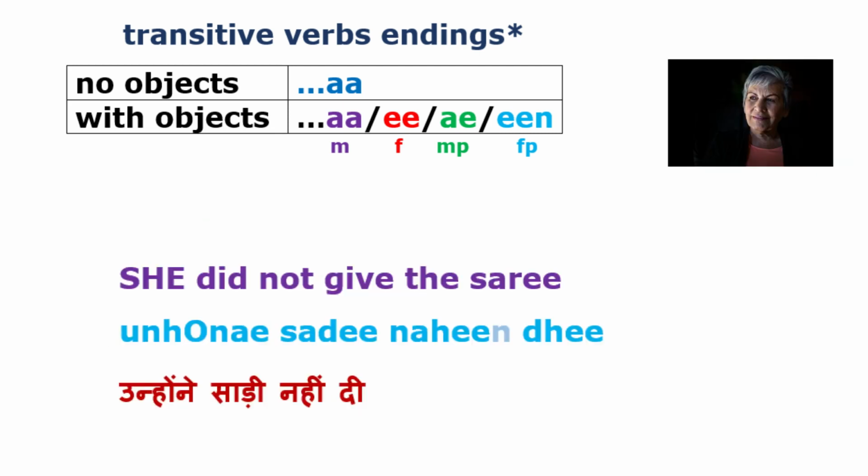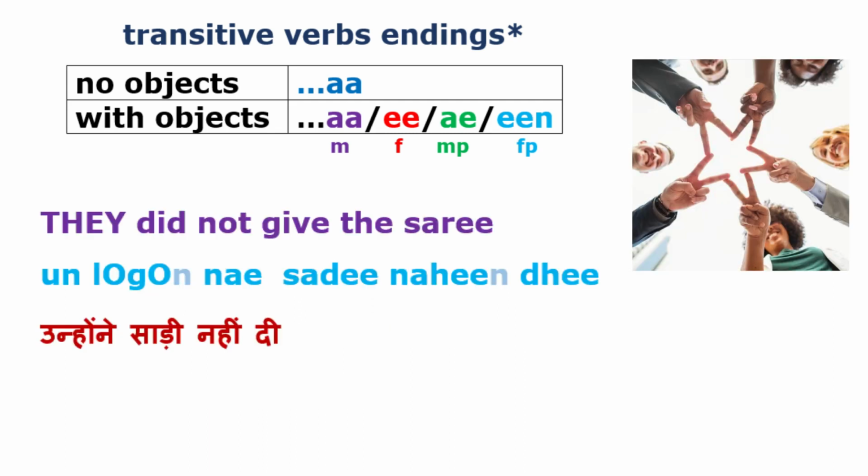Now we are talking about that older lady, and it is she did not give the sari. That's the reason why I've used the capital she, S-H-E. Earlier it was usne, now it becomes unhone sari nahi di. She did not give the sari. Just imagine, we don't want to be confused between he, the respectable he, she, or they.